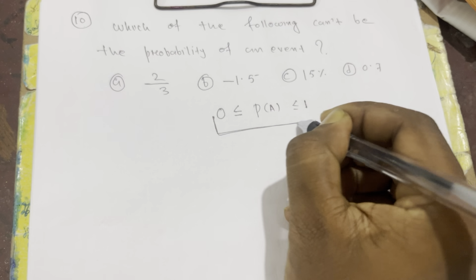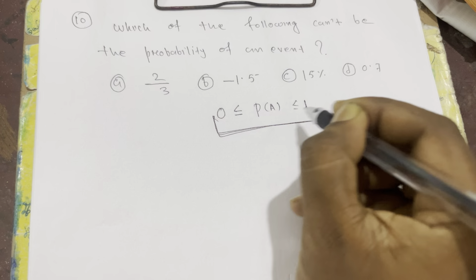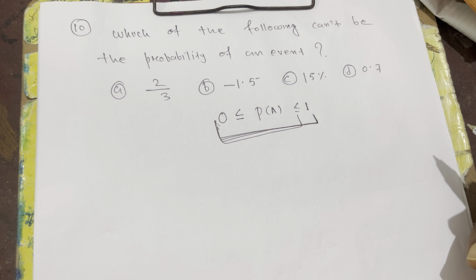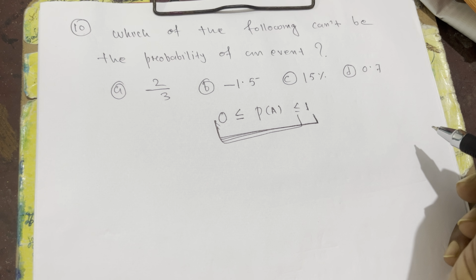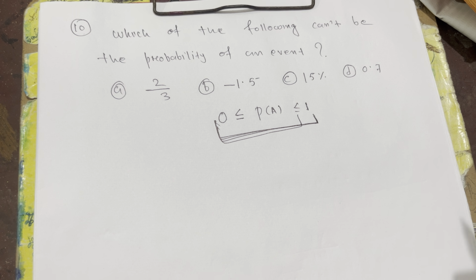The value of probability of any event is always in this range, 0 to 1. Sometimes you get a value greater than 0, but that value will always be smaller than 1. The probability cannot be negative, cannot be smaller than 0 and cannot be greater than 1.